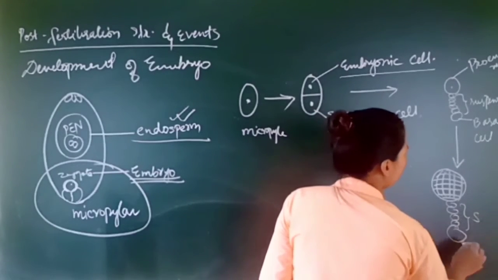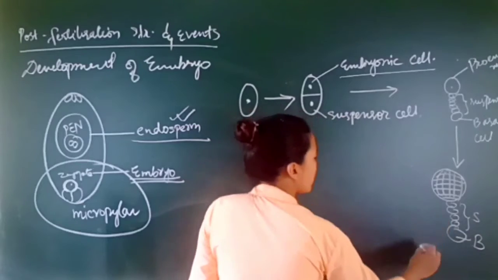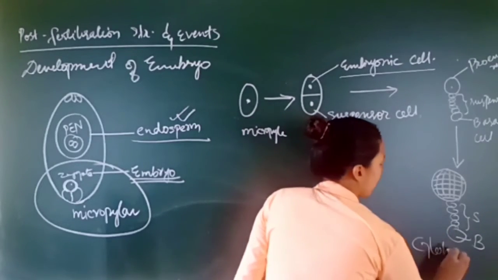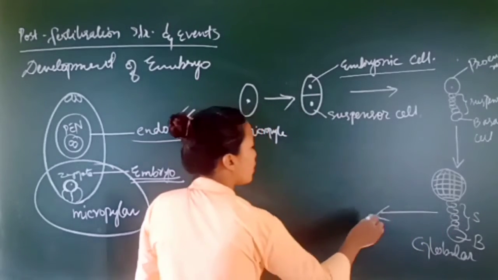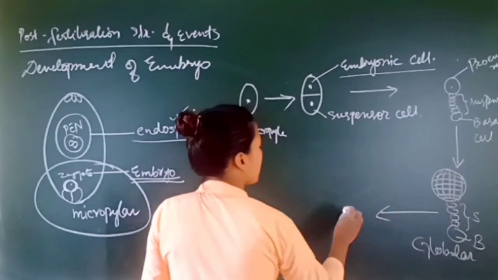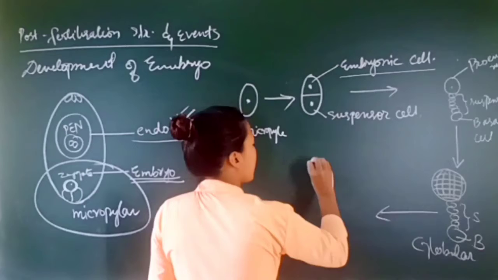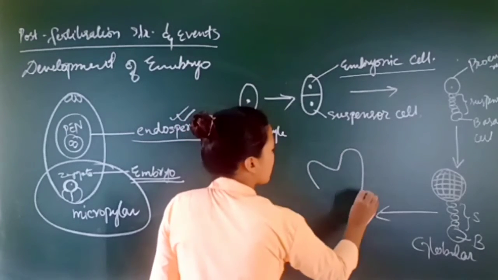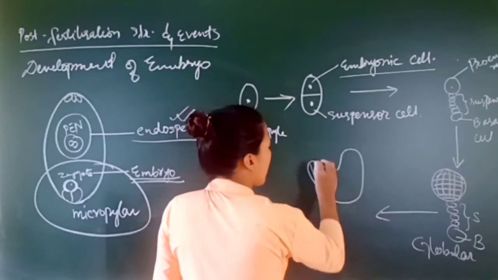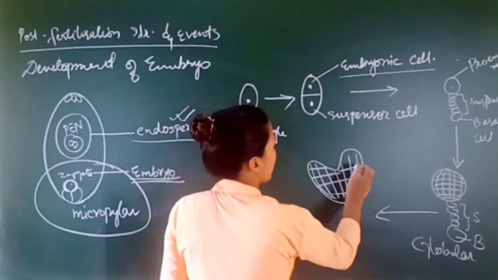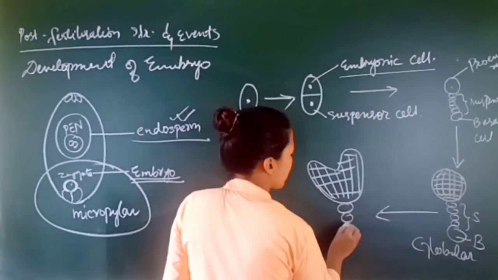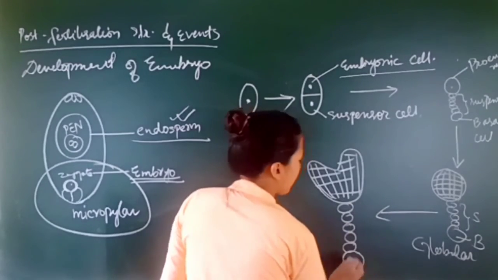This is the globular embryo. After that, the globular embryo will divide again and give rise to a structure with a heart shape, called the heart-shaped embryo, with all these suspensor cells at the bottom and a basal cell.